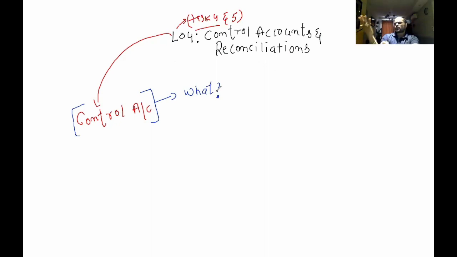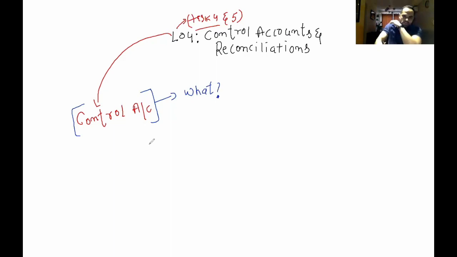And some other kinds of transactions like contra entries or contra transactions, or irrecoverable debts, which we also call bad debts. And the third thing is a suspense account. So all these terms you're going to study in these sessions, right? So let's start with the control accounts.